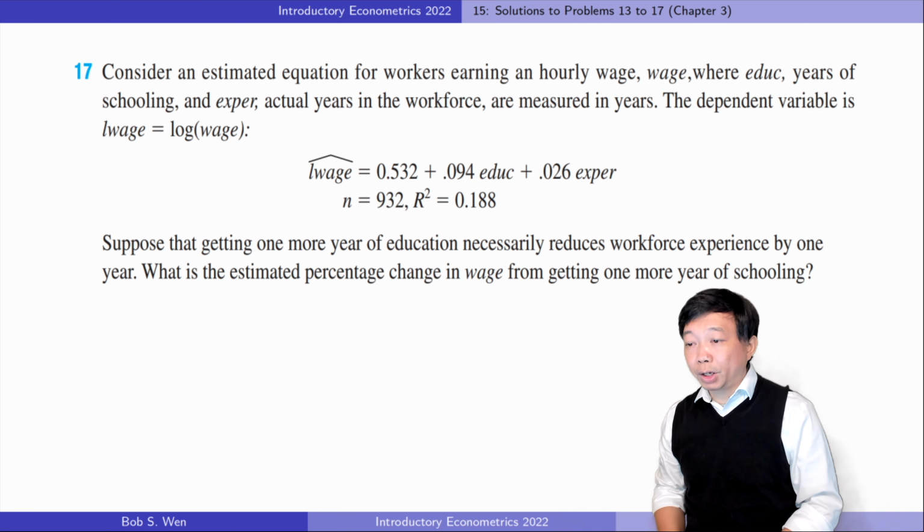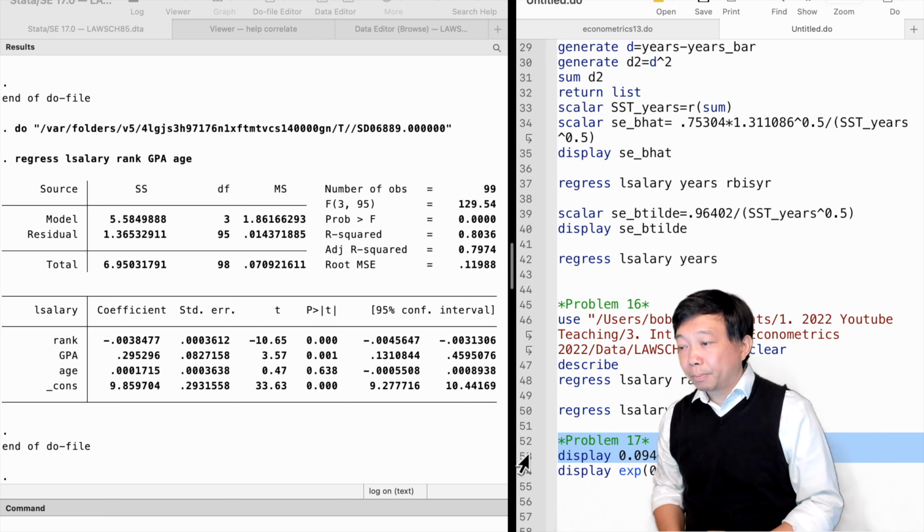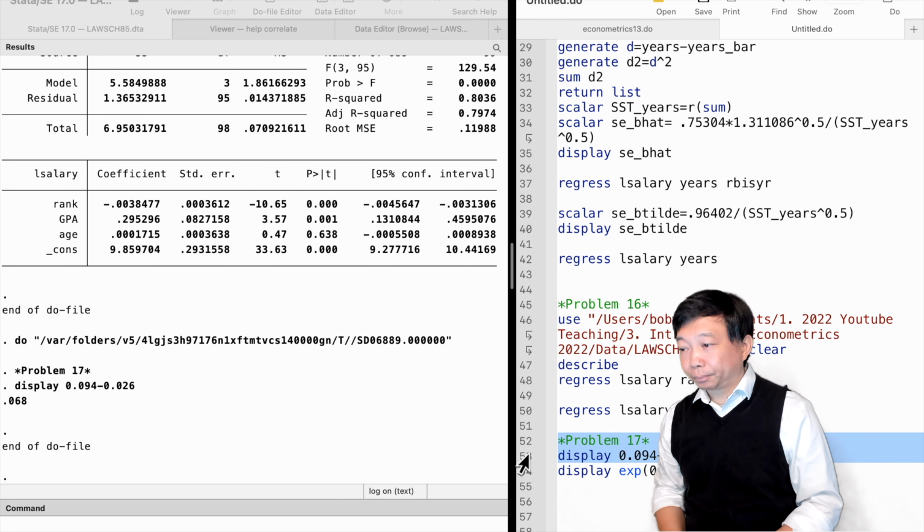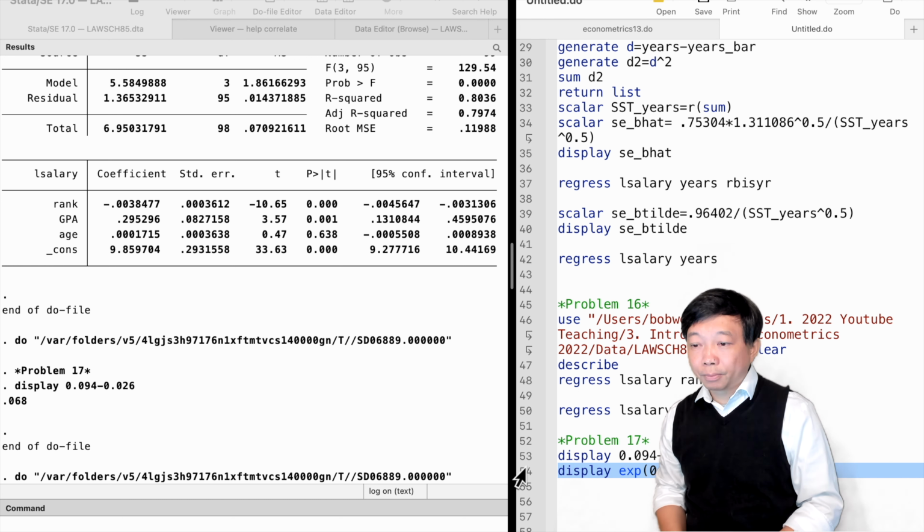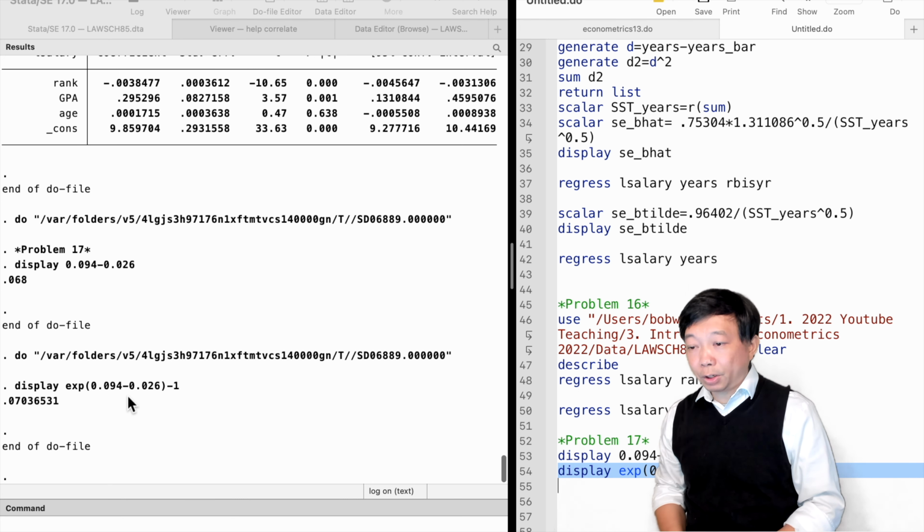So getting one more year of schooling increases workers' wages by 0.094 minus 0.026, which is 0.068 or 6.8%. A more precise percentage is 7.0%.